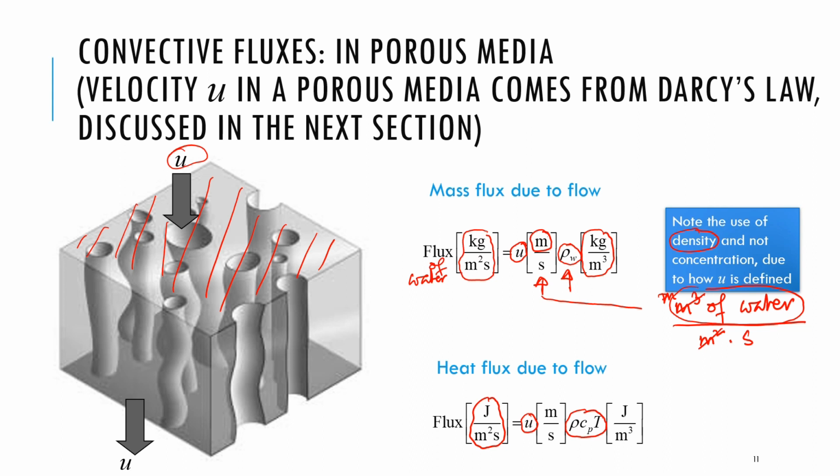So it's not just water. This heat flux due to flow would have to be done for each phase of water, vapor, air, and added together. So the equation written here is really just for one phase.